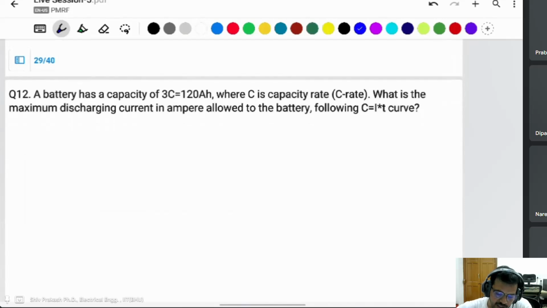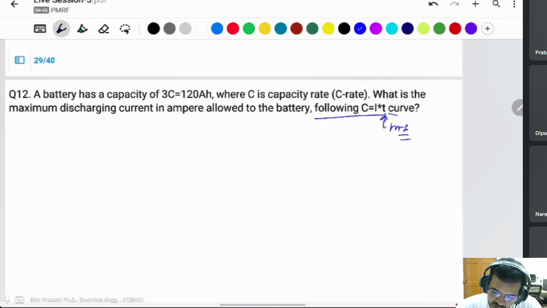And a battery has a capacity of 3C, 120 Ah, where C is the capacity rate, C rate. What is the maximum discharging current in ampere? Following: C is equal to I into T, where T is the time, I is the current, C is the capacity of a battery, T in hour, to make AH, ampere hour.